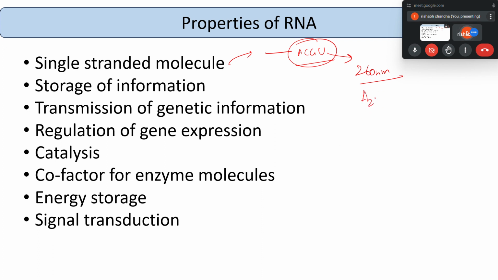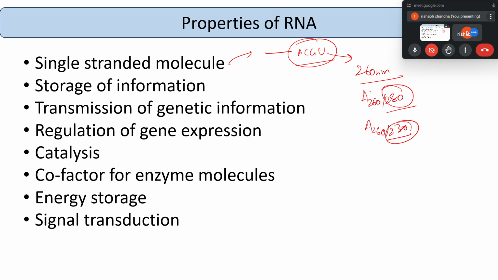We check the 260 by 280 ratio for the presence of any protein component, which is measured at 280 nanometer, and 260 by 230 to check for any salt contaminants.